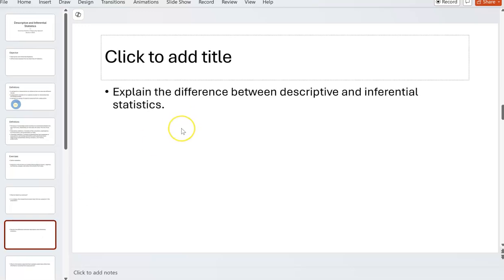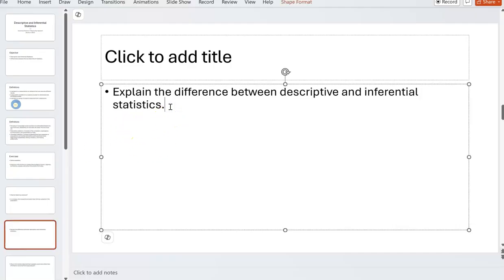So the next thing is we're going to explain the difference between descriptive and inferential statistics. We already talked about that, but I'm going to re-highlight it.